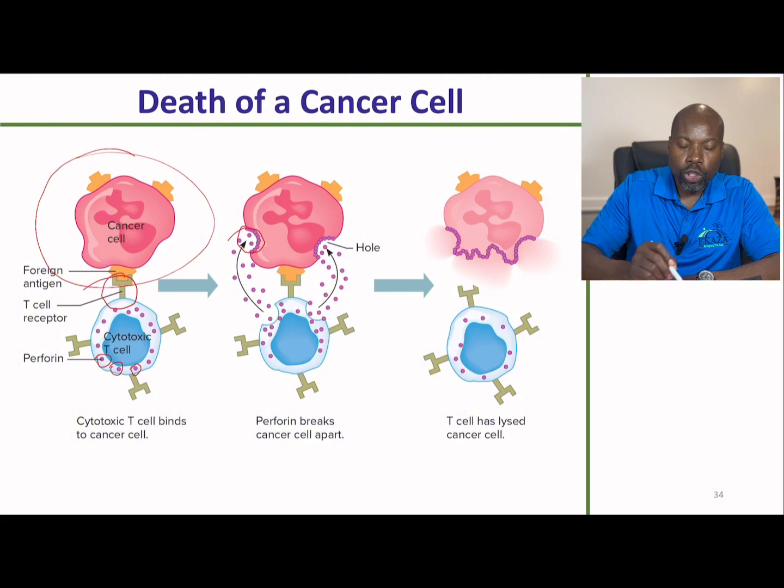And what we are not showing here is that this cancer cell is not just going to lay out its content, but this cell is going to actually release some granzymes in this cell and cause a destruction of this cell that way.